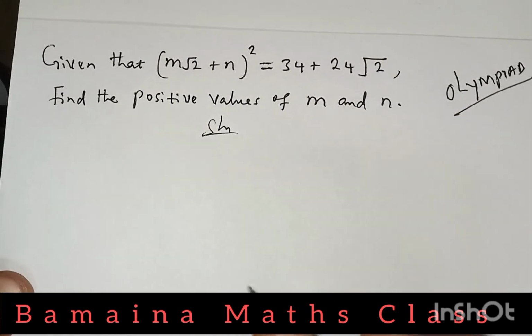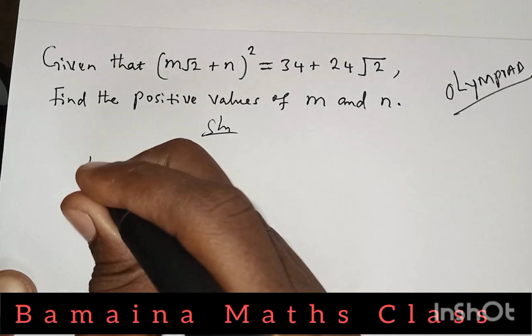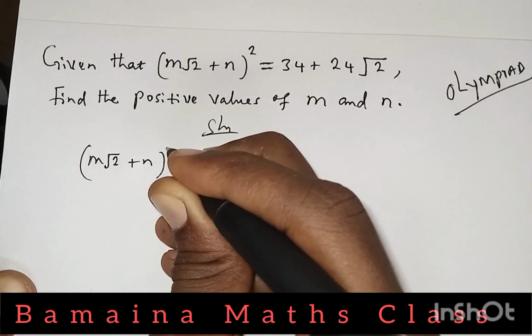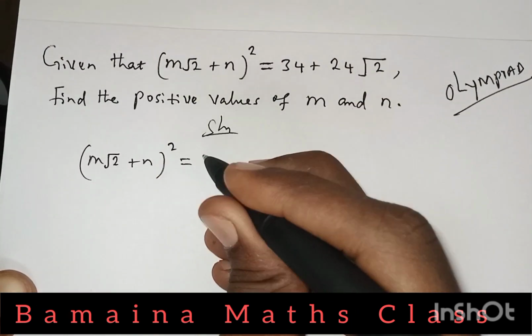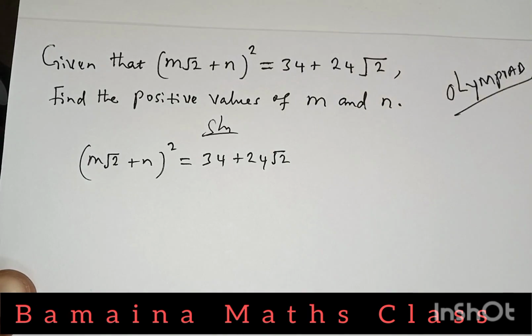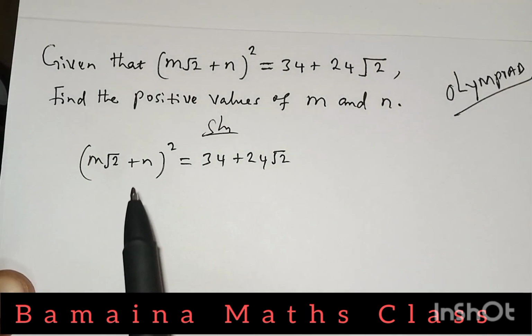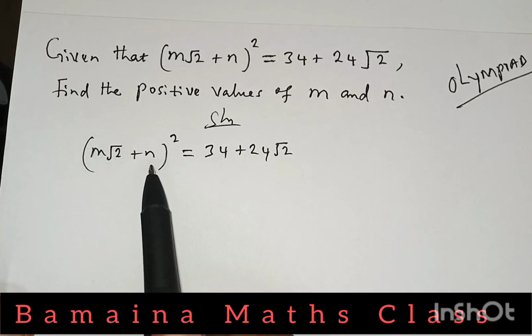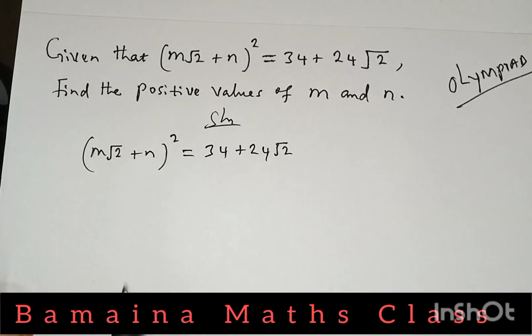Now we have (m root 2 plus n) whole squared equals 34 plus 24 root 2. So we are going to expand this one. When this one is expanded, we are going to have two brackets of the same kind because this is power 2.